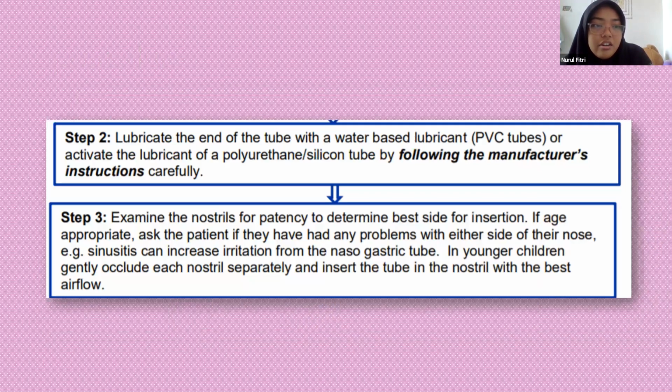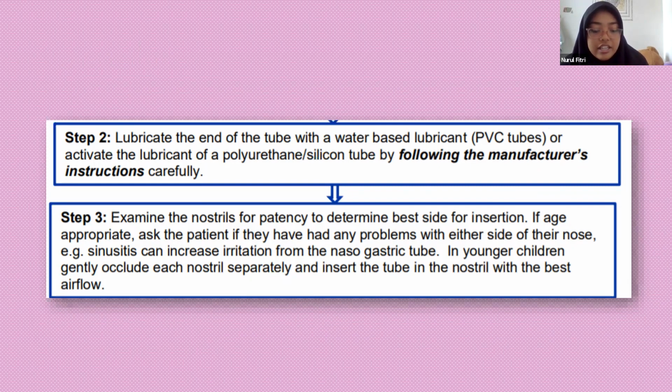Okay, so step 2 is to lubricate the tube to reduce trauma and also to ease the passage. And then step 3 is to determine the best site for insertion, either the left or the right nostril.